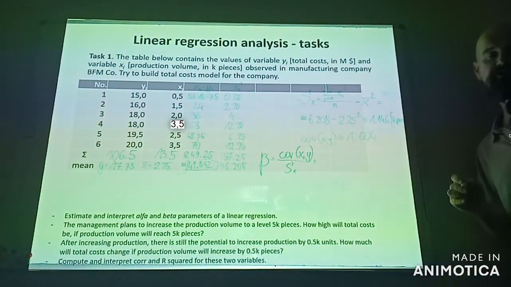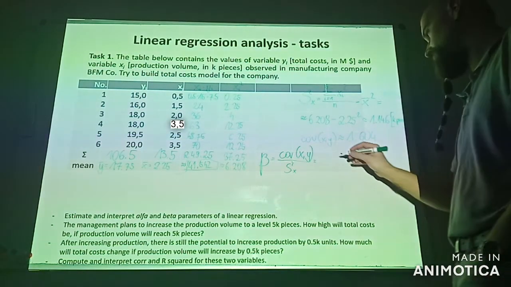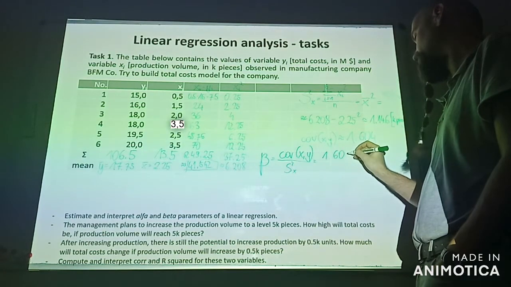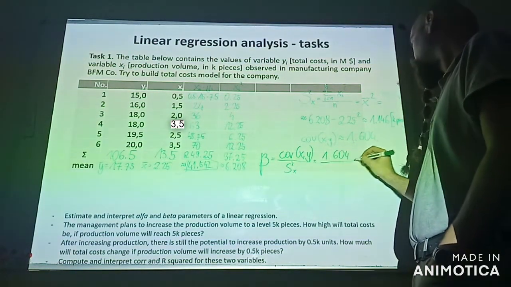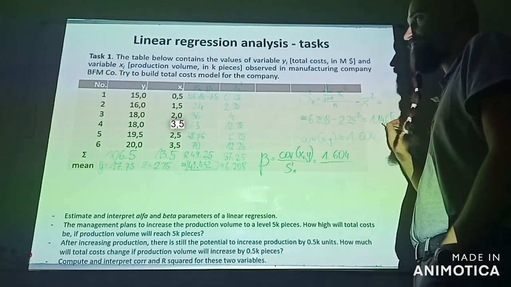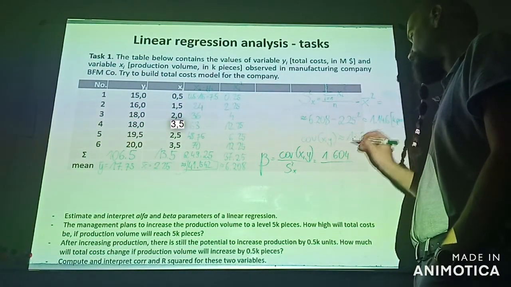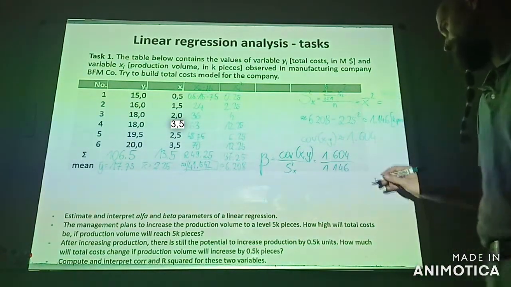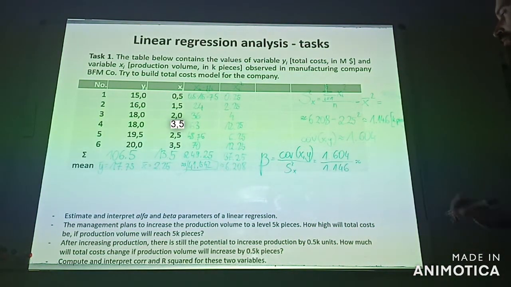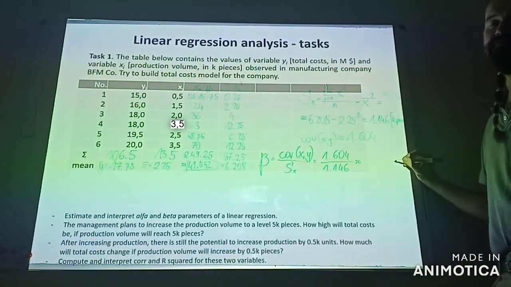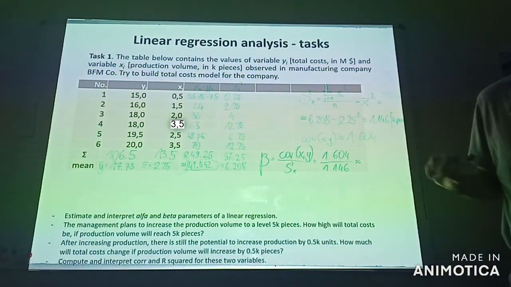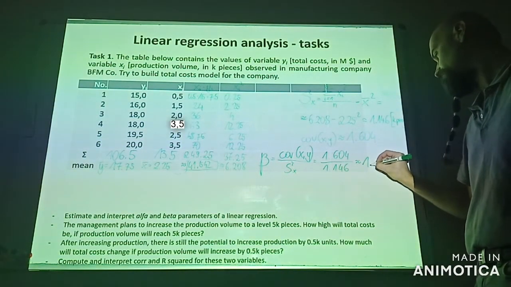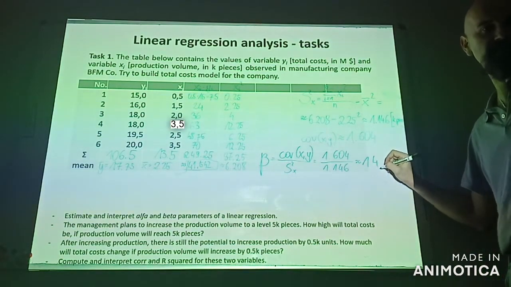Covariance between the production volume and total costs is 1.604, and the variance of production volume is 1.146. So beta parameter is equal around to 1.4. Very nice parameter.